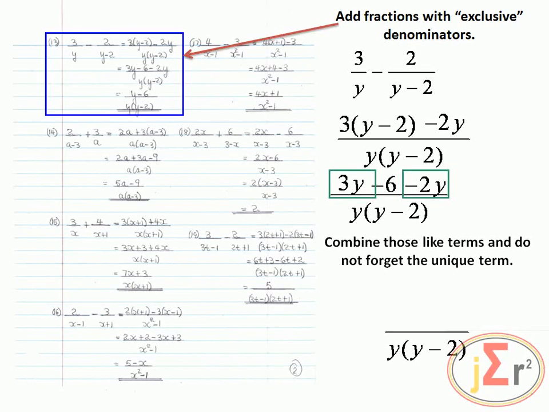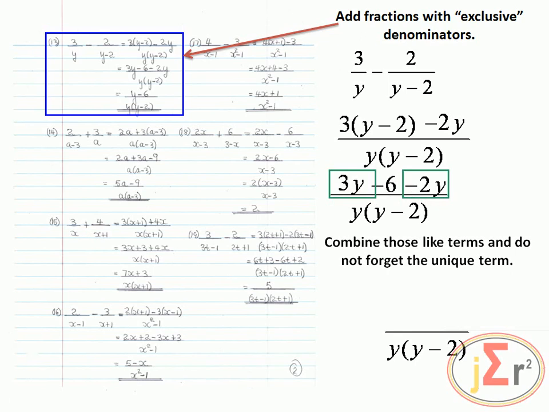So the coefficient here is not 2, but negative 2. So we will combine those coefficients. 3 minus 2 is 1. Therefore, by combining these two terms, we have 1y.